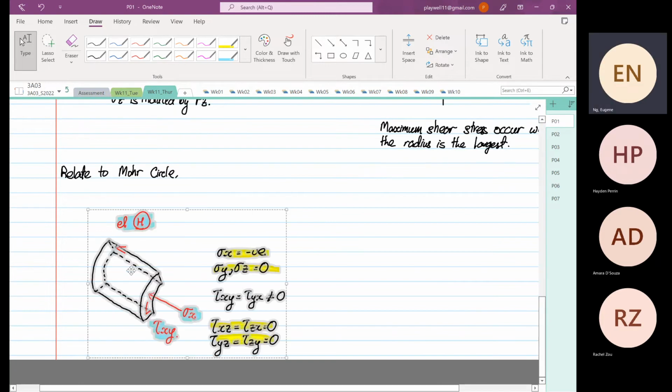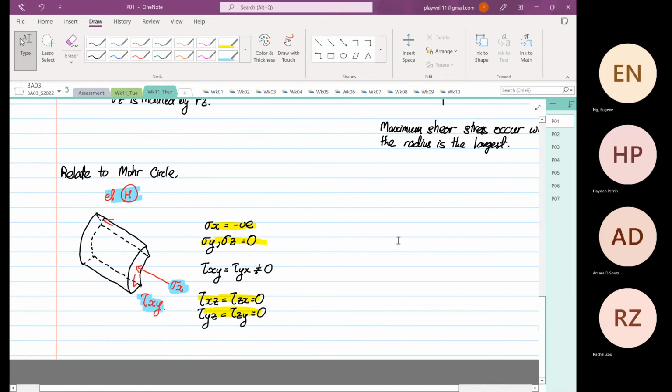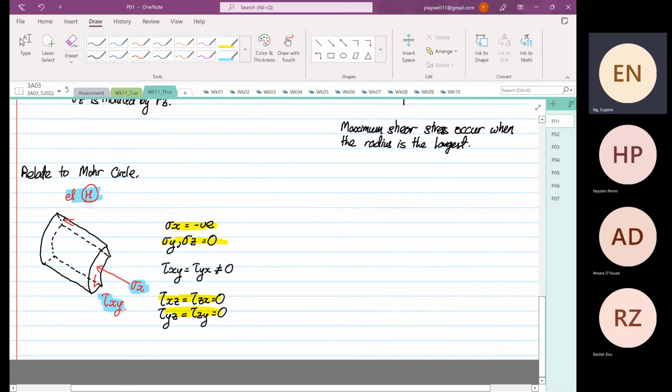And we are going to sketch Mohr circle, just a sketch. What we are trying to do down here is we have to ask ourselves, let me relate to Mohr circle first and see where we go from here.